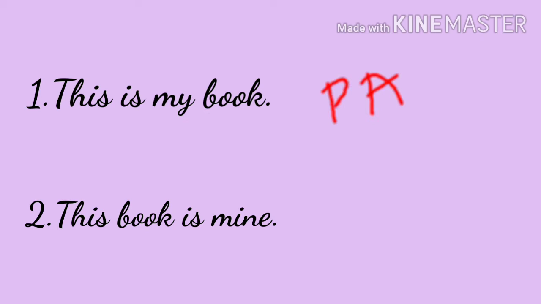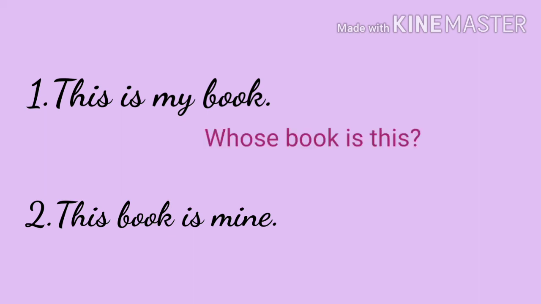Then, how can we identify a possessive adjective and a possessive pronoun in a sentence? Take the first example. This is my book. Ask a question to this sentence using whose. Whose book is this?